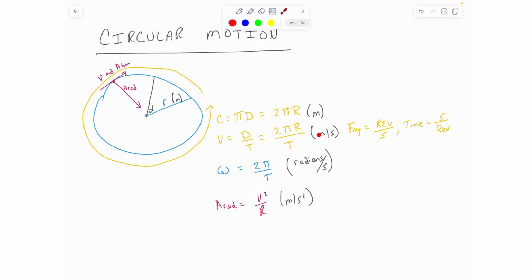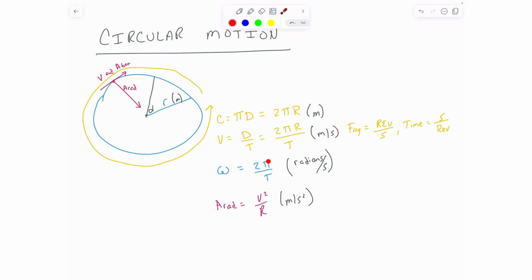Now, velocity is nice if you want to know how many meters per second. But let's say you want to know how many angles you're moving per second. And that's this omega. Omega is a Greek letter, the lowercase one, that looks like a W. What it means is how many radians you're traveling per second. Think of it like number of degrees per second, but here we're going to use radians per second.